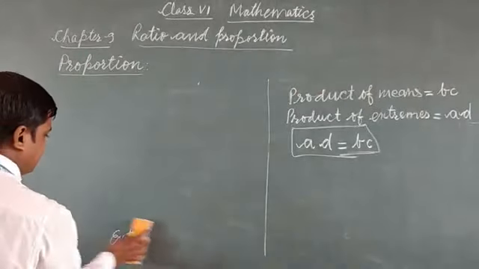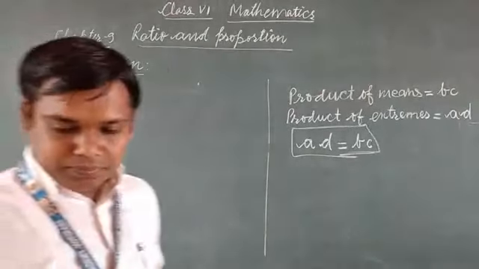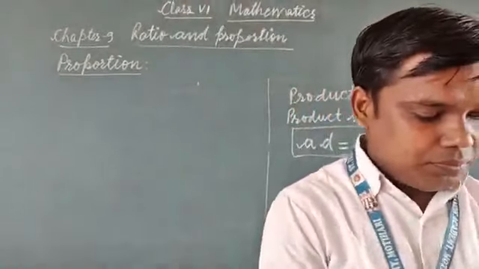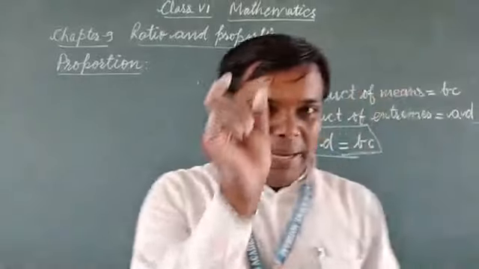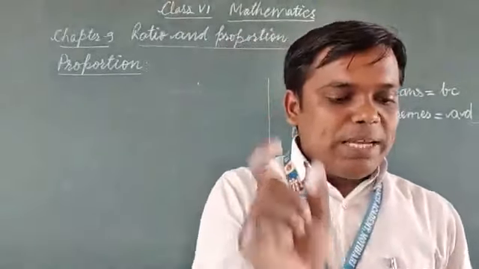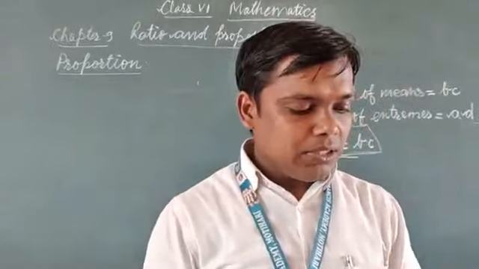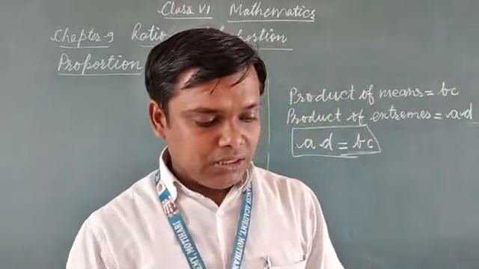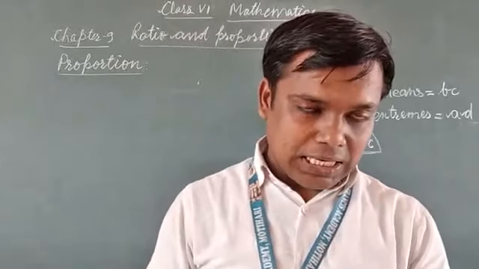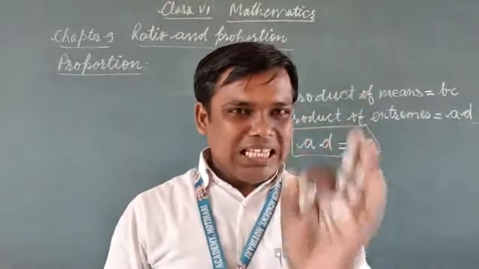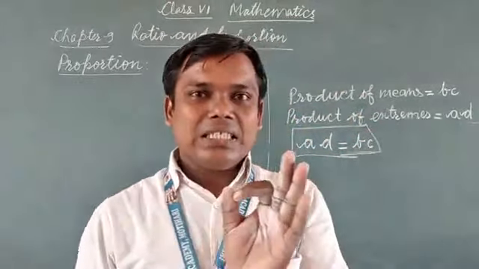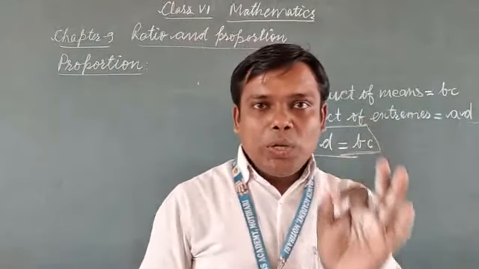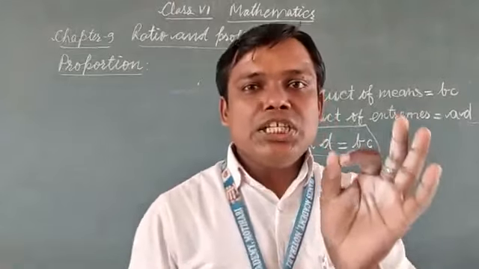In some cases, you will find that the mean terms would be equal. In that situation, we have to understand that the three numbers written in an order will be in continued proportion.